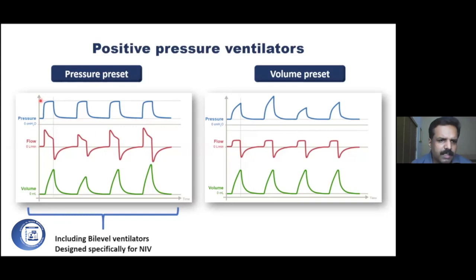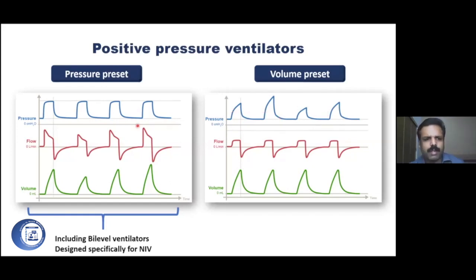The pressure here is a fixed one, but the volume will be varying depending on the lung compliance, or the resistance. Basically, the compliance. But in the volume preset, the volume will be constant, but the pressure will vary. Okay, very clear.